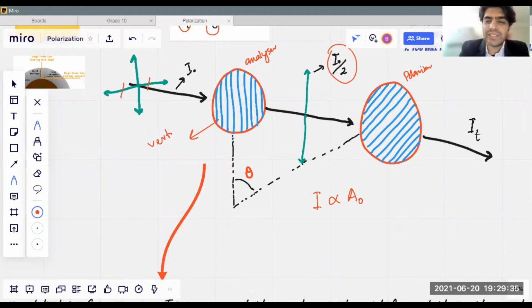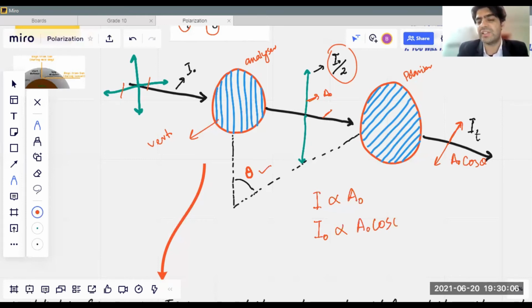This A naught makes an angle with the amplitude of the other wave, which is transmitted here. After transmission its amplitude becomes A naught cos theta, because it is making an angle theta here. So we say I is directly proportional to A naught cos theta.